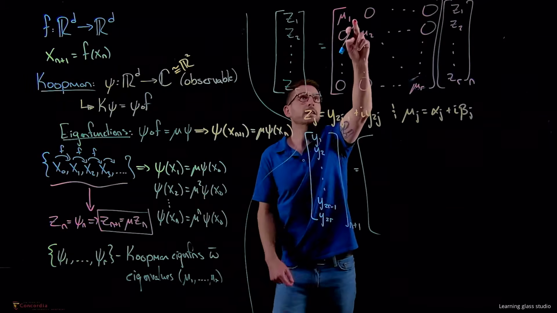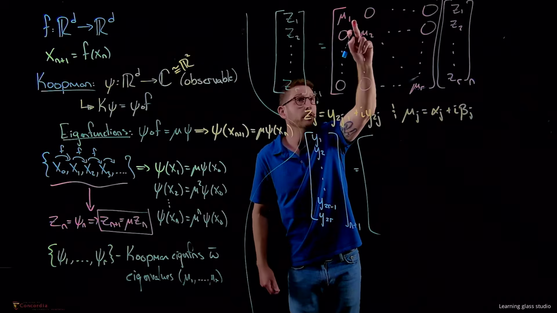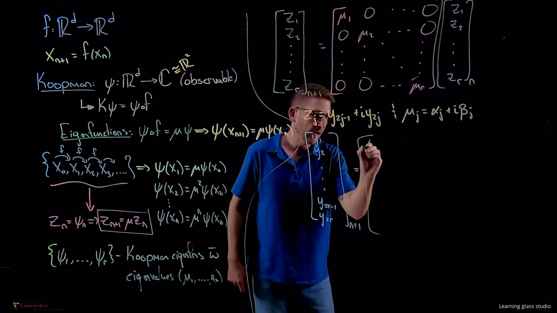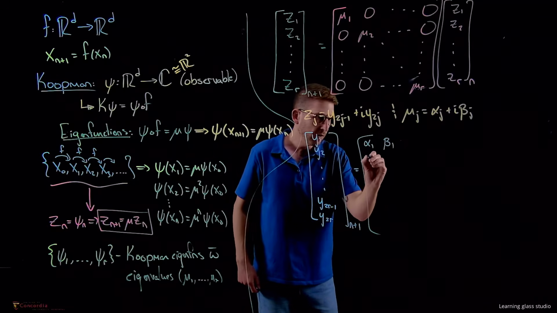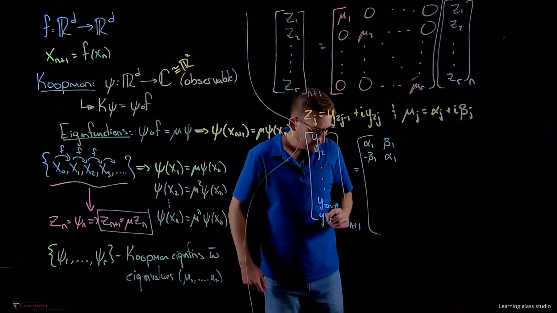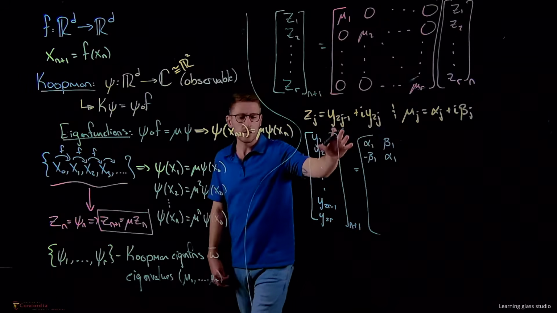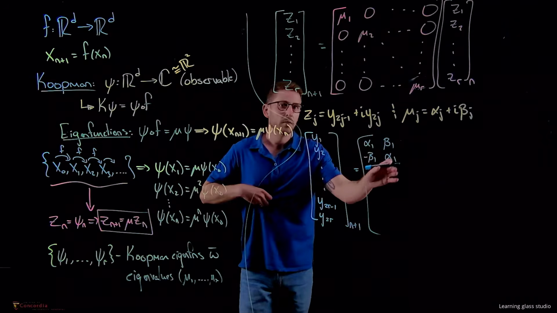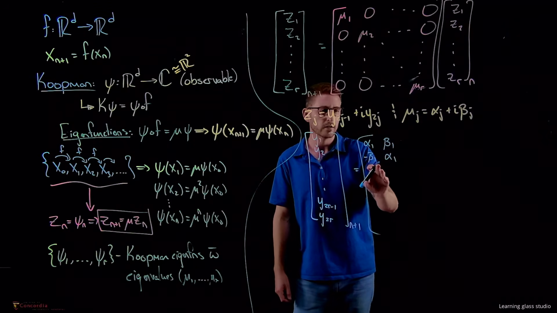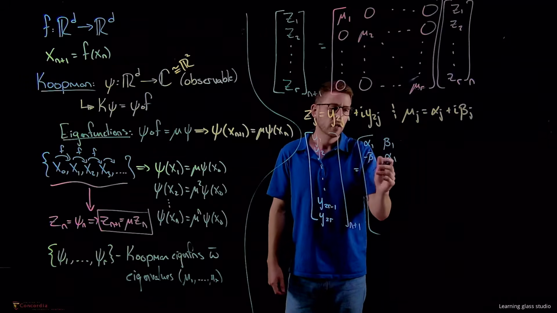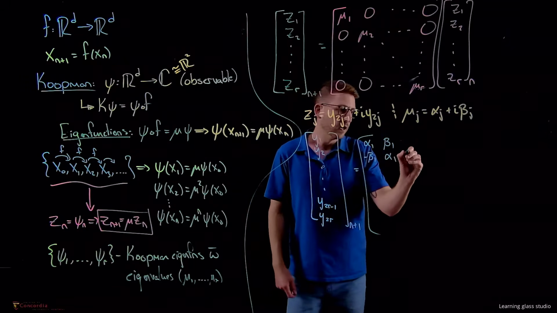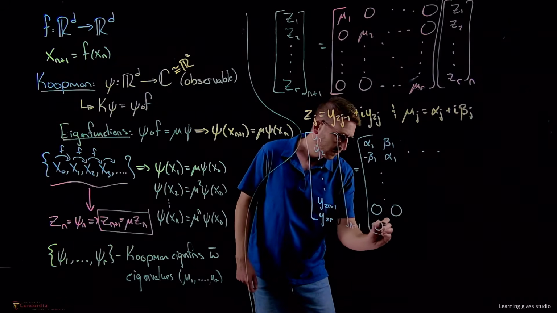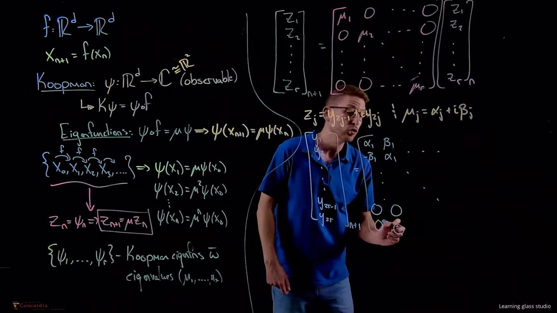Now, each one of these diagonal components turns into a block. So I get alpha 1, beta 1, minus beta 1, alpha 1, right? If you've taken algebra classes or maybe some of your calculus classes, you've seen this correspondence between complex eigenvalues for diagonalization and these block terms. Sometimes we call these block diagonal matrices that are coming from the Jordan normal form.